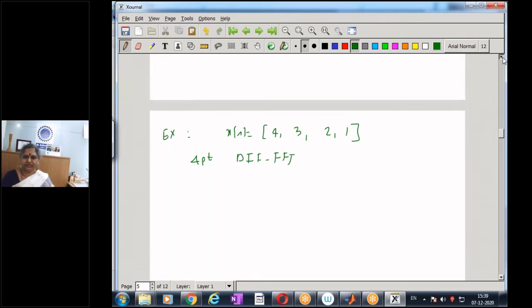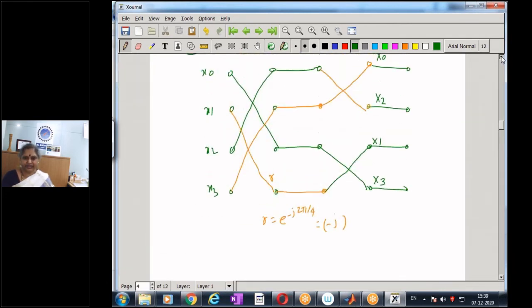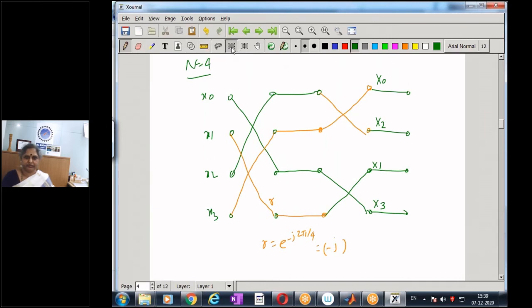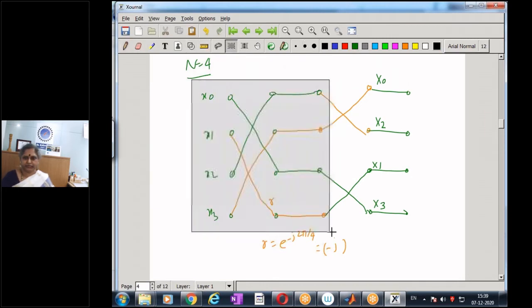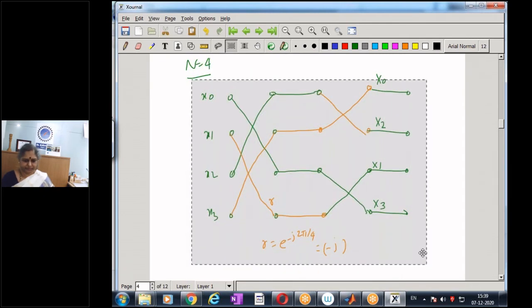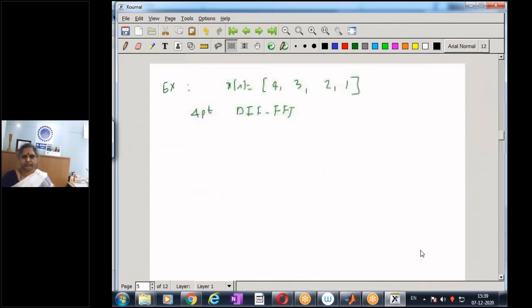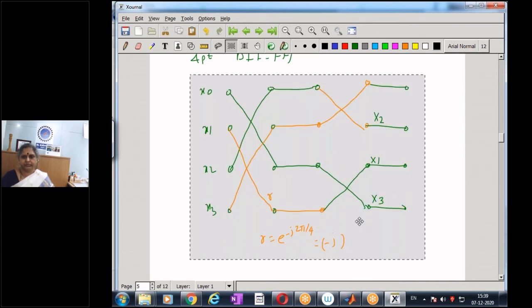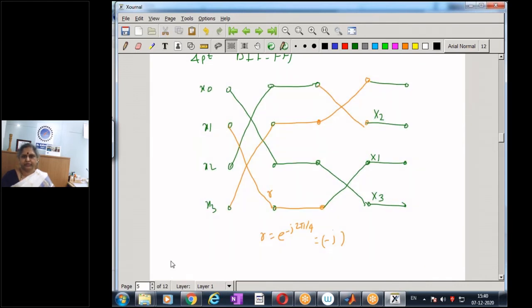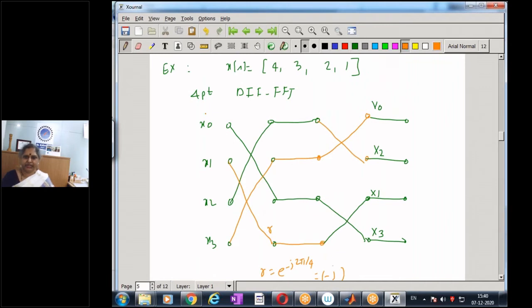So we need to get this basic diagram. Let's put the values. My input is x0 is 4, x1 is 3, x2 is 2, x3 is 1. Input is in natural order.